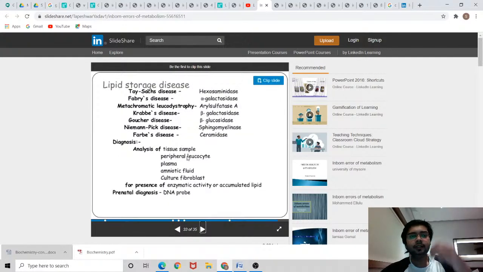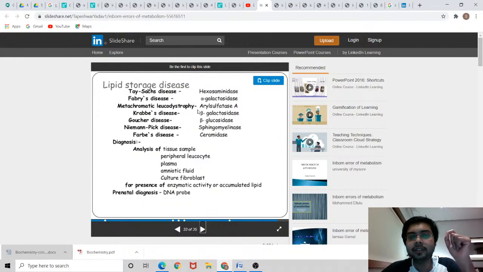Here, this one we had already discussed, the lipid storage diseases. Let us just revise them once again. We had discussed mucopolysaccharide; lipid storage is still left. Tay-Sachs disease, comment what is the enzyme deficient. It is hexosaminidase. Fabry disease, alpha galactosidase.